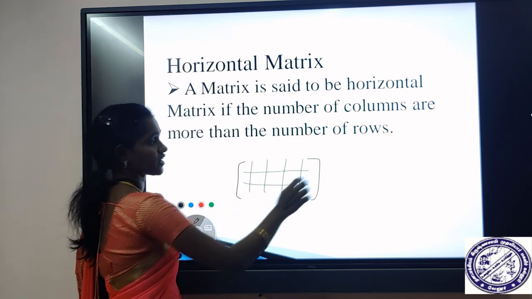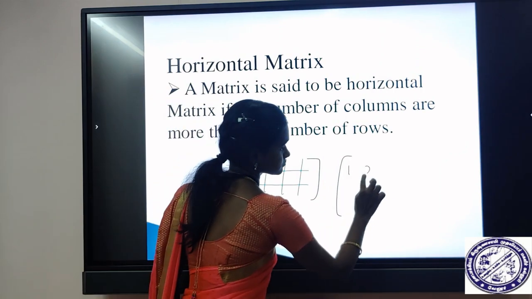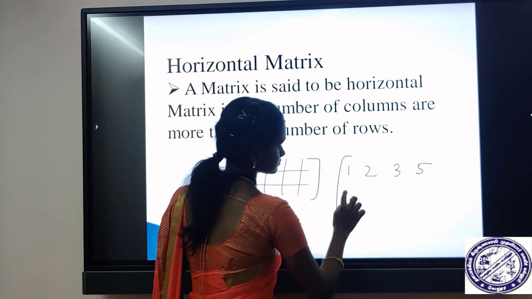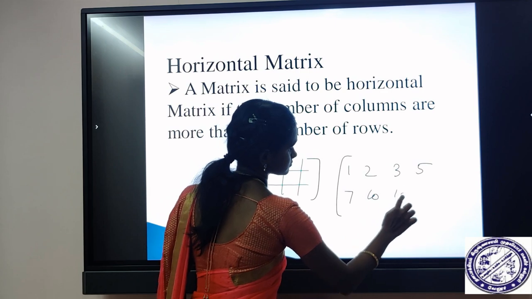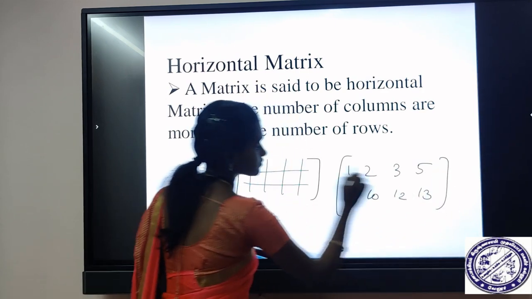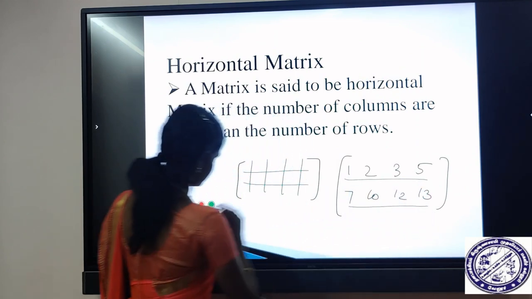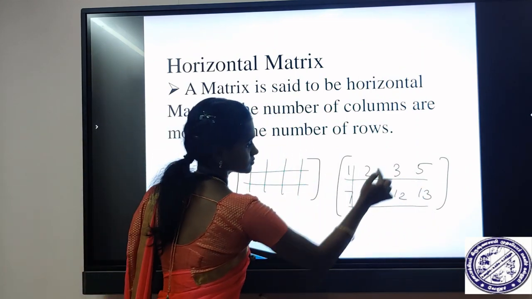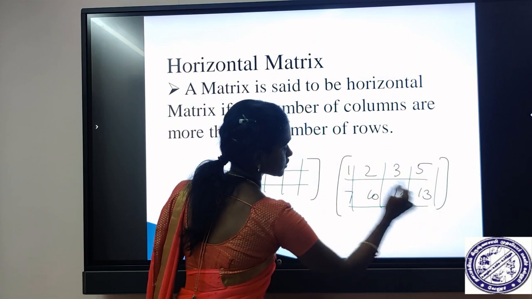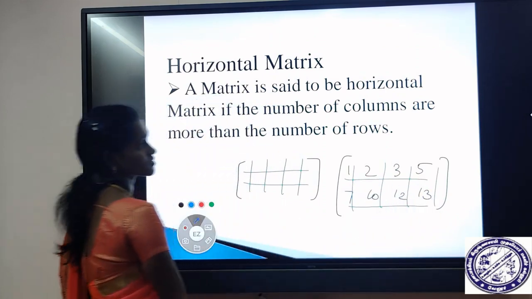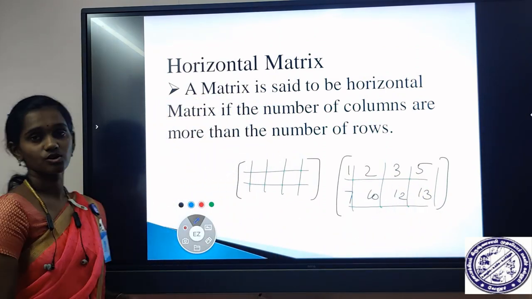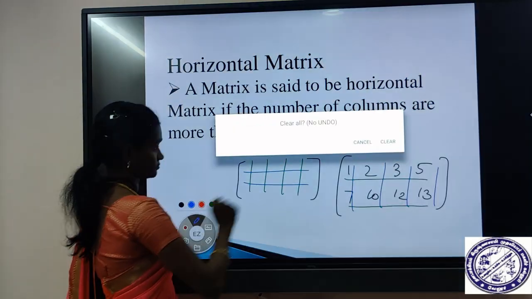For example, I am writing 2 rows and 4 columns. So this is called a horizontal matrix.